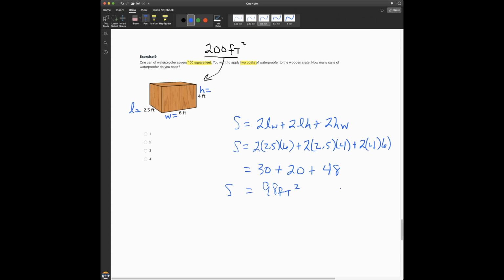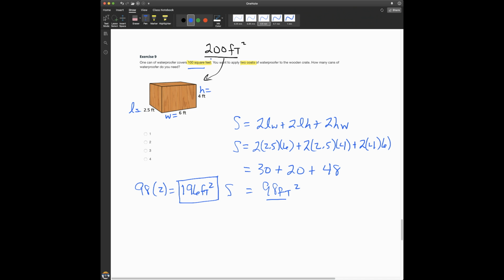feet squared. So 1 can covers 100 square feet. So I need enough waterproofer to cover 98 times 2. So 98 times 2, and that equals 196. So this is the key number.